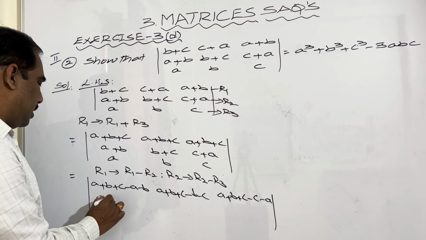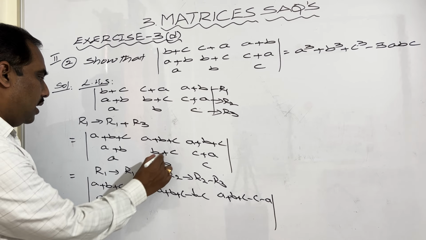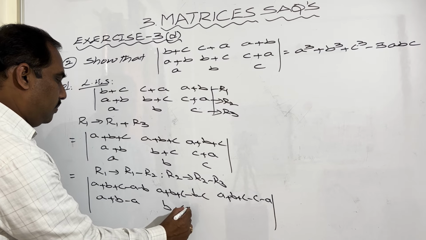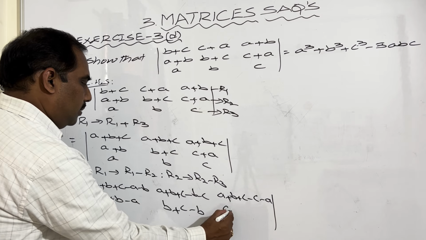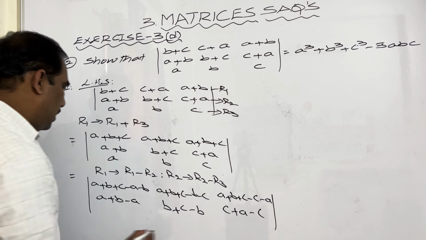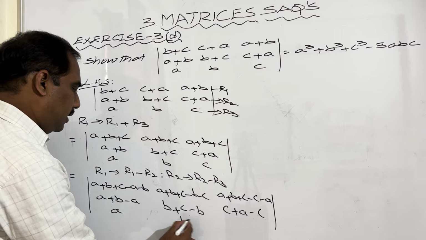So we get A plus B minus A, B plus C minus B, and C plus A minus C, and the third row A, B, C.